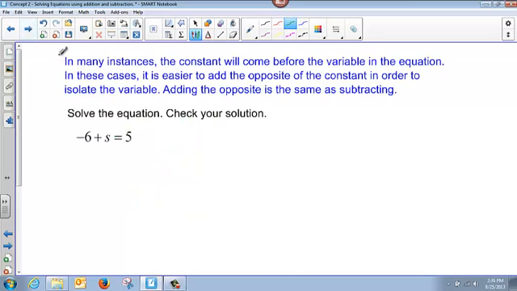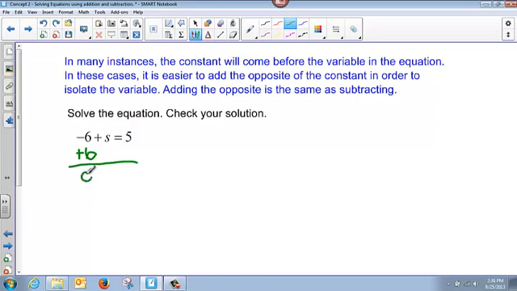Okay? So, let's look at another one. And this is exactly what we're trying to say here. In many instances, the constant will come before the variable in the equation, just like the last problem. And in these cases, it's easier to add the opposite of the constant in order to isolate the variable. Adding the opposite is the same as subtracting. So here, I'm going to add 6, because this is negative, and negative 6 plus 6 equals 0.